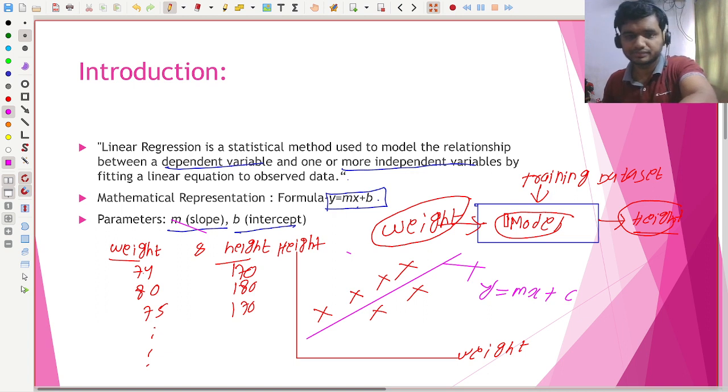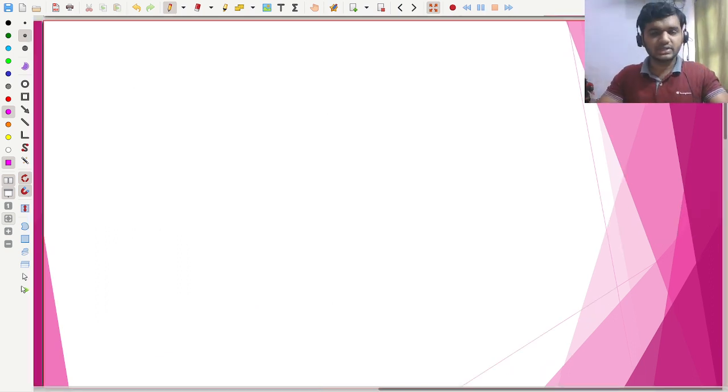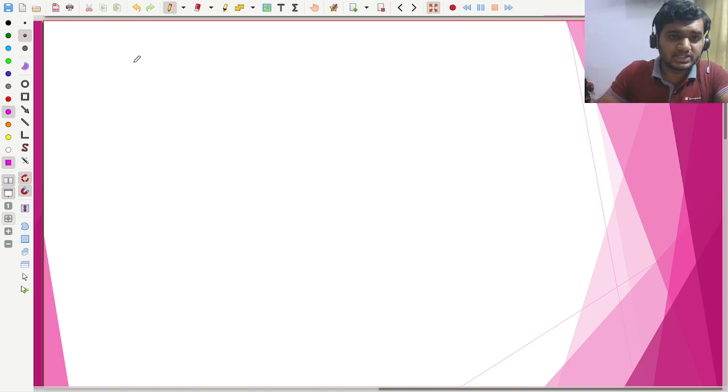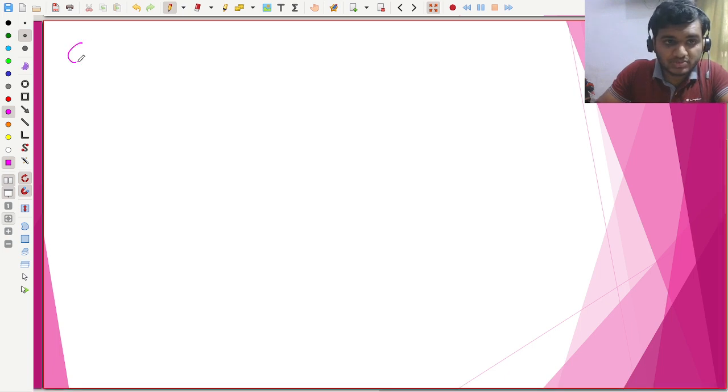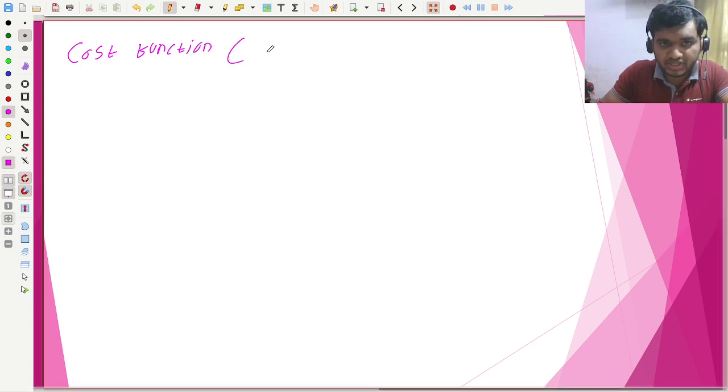After that, I'll discuss one example with a data set. But before we discuss the data set, we discuss the different cost functions. The cost function is used to minimize the error.